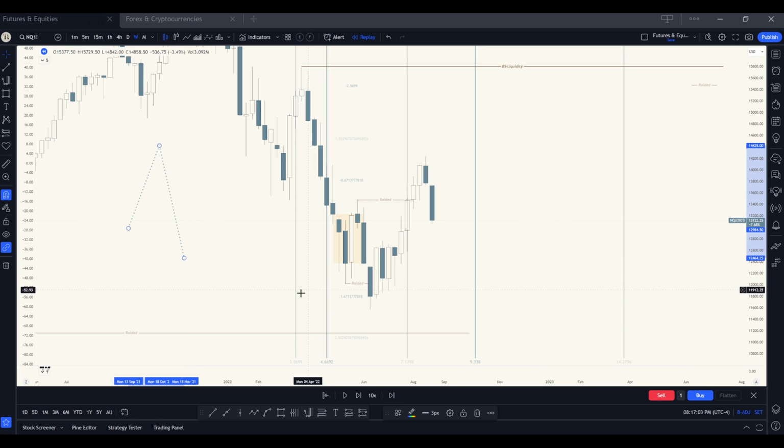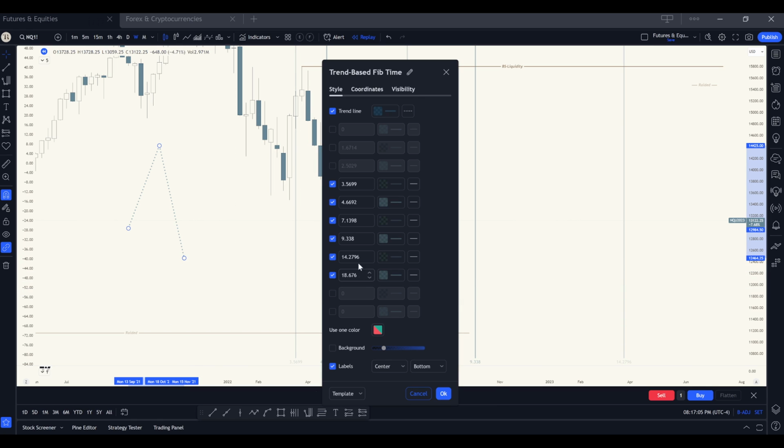Now, apply the same exact settings that I have over here, although you're not really going to use the 1.67 and the 2.50. I just have that on for experimentation purposes, but I haven't found a use for those two numbers with this yet. So just have these on.